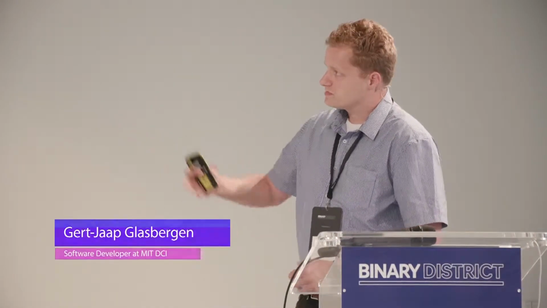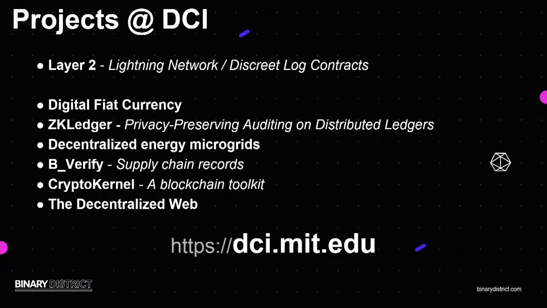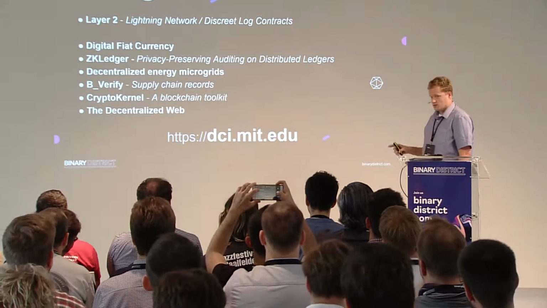And there are some other interesting projects related to digital fiat currency, zero knowledge ledger, ZK ledger, decentralized microgrids, B-Verify, cryptokernel, and decentralized web. If you want to learn more about the other projects, because I'm not going to talk about them today, you can visit the website at DCI MIT EDU.